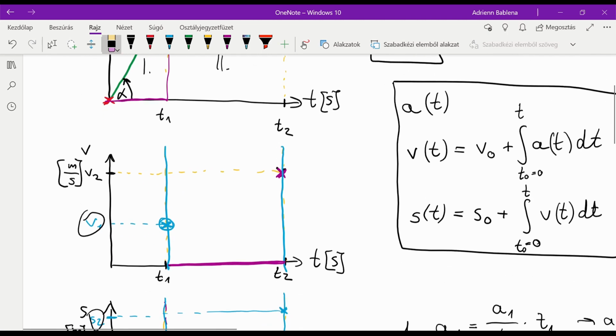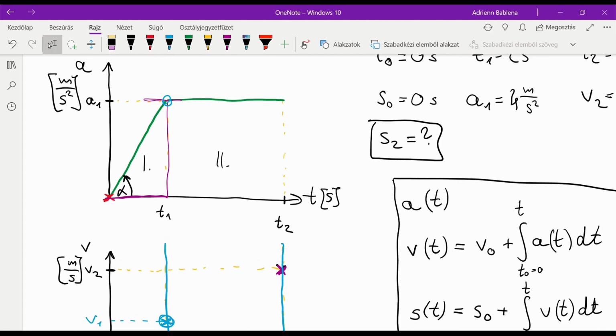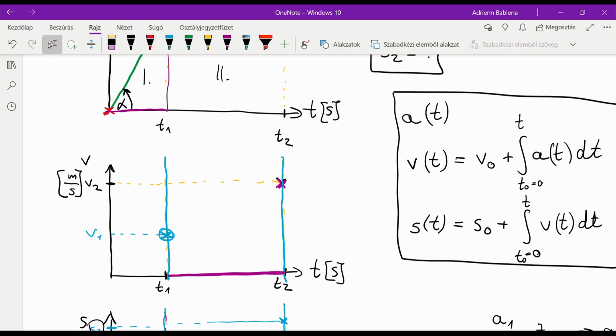We know A1, T1, T2. Sorry, we know V2, we are looking for V1, and we are looking for V0.